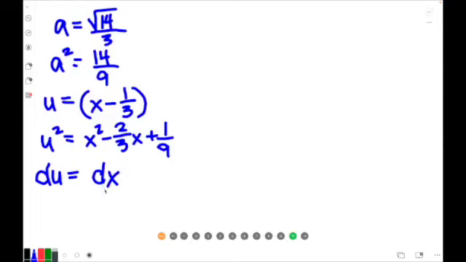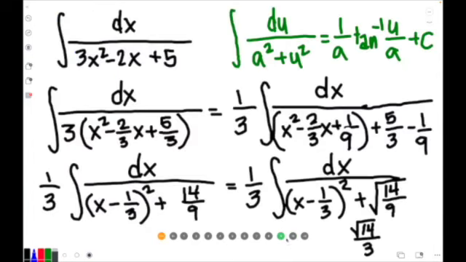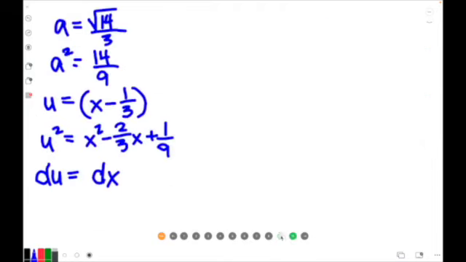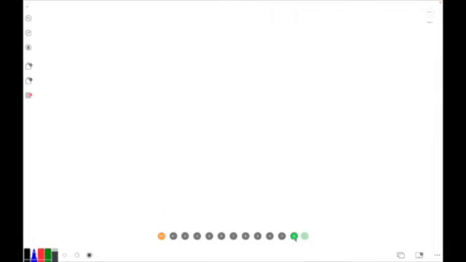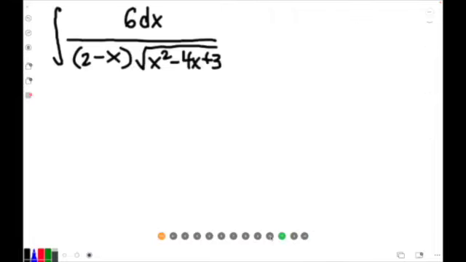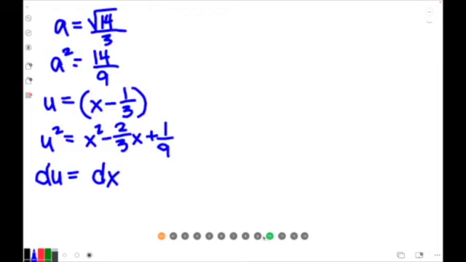So writing the equation, our pattern is 1 over a arctangent u over a plus c. So okay, we don't have a problem. We don't need to imagine fractions now. We just need to directly substitute.